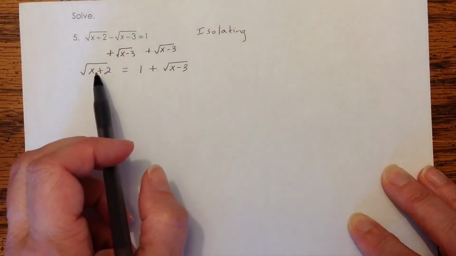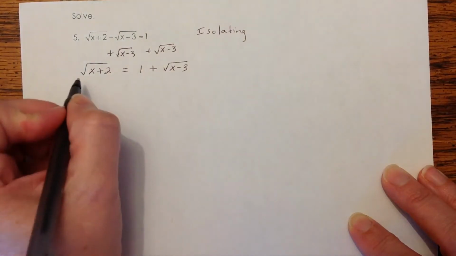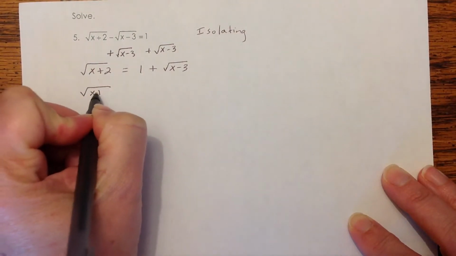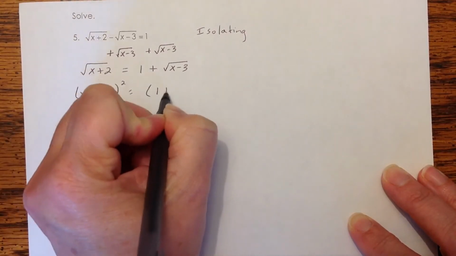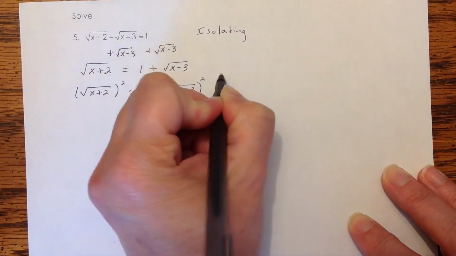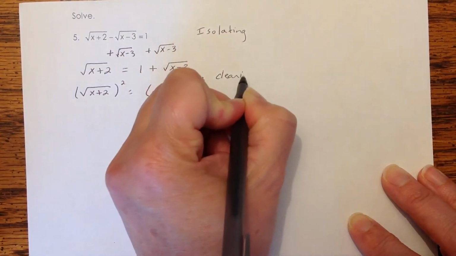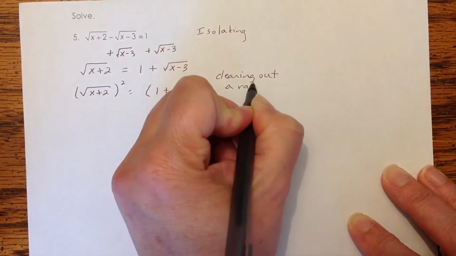Now I'm going to raise each side to a power of 2 because I want to clear my radicals. So I'm going to take x plus 2 underneath this square root and I'm going to square it. And I'm going to take this entire other side and I'm going to square it. So here we are clearing out a radical.